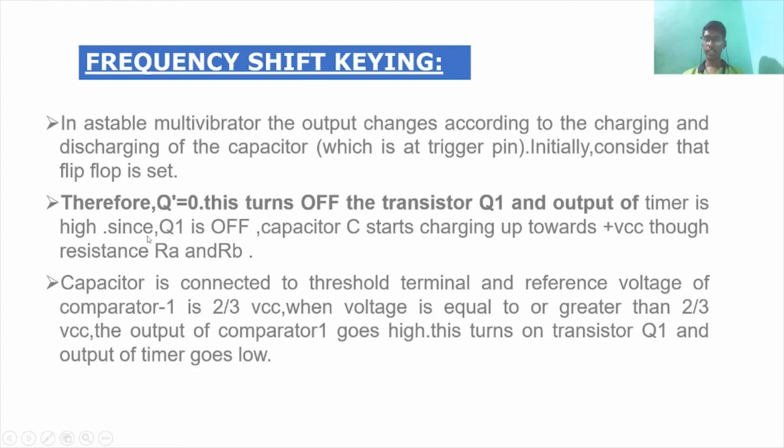Now the reverse happens: when Q1 is off, the timer output is high, and when Q1 is on, it goes low.